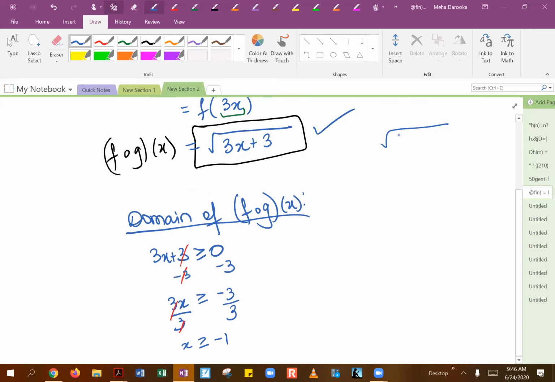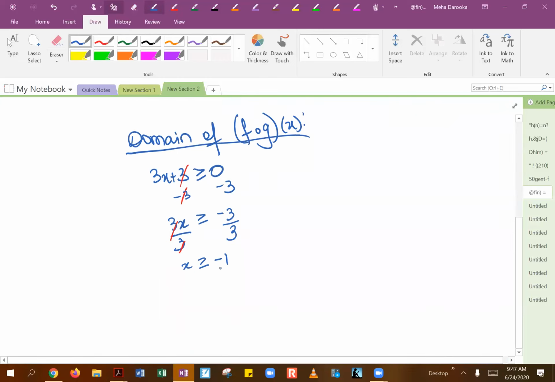And just think about this. If we put -1 as our x value, you would end up getting -3 plus 3, which would give you the square root of 0, and that would give you the answer 0. So we didn't get a negative answer. And if you go to numbers larger than that, you're only going to get positives from there.